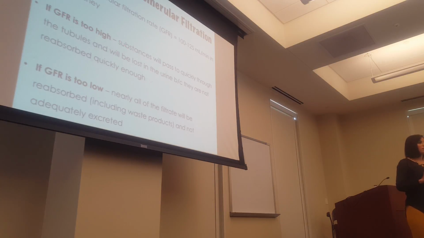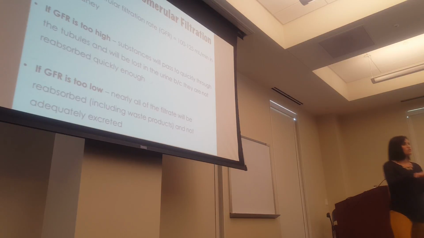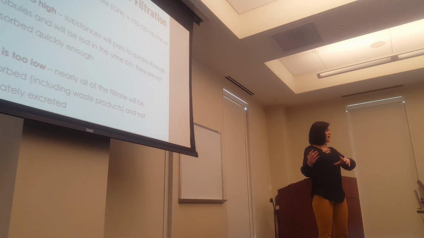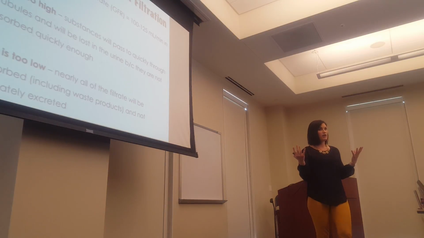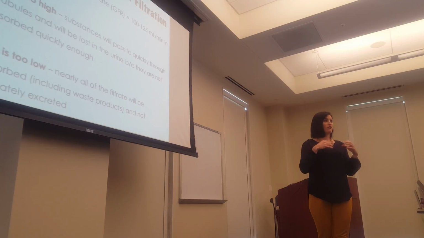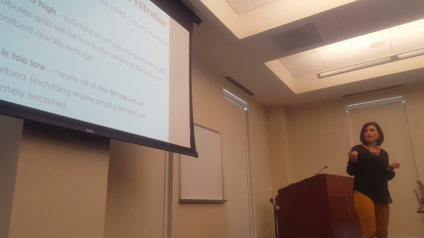If glomerular filtration is too high, that means that things will pass too quickly through the nephron, and you may not reabsorb everything that you need to reabsorb. And if it's not reabsorbed, then it ends up in the urine and is excreted. Okay, so that's not good.